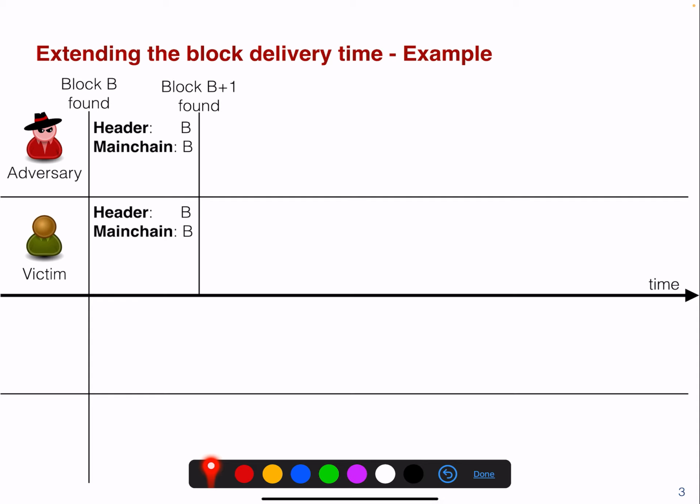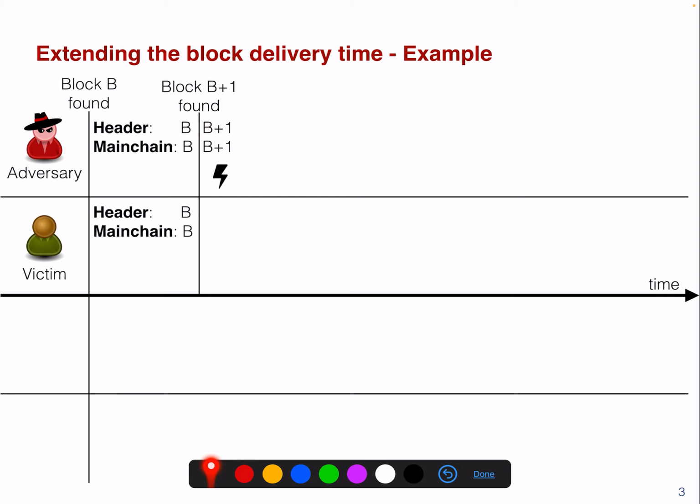Now let's assume a new block is found by another miner. What happens next is that the adversary will start to attack. We assume that the adversary learns about B+1, the header as well as the block content, and the victim doesn't, except that the adversary will advertise the header hash of B+1 to the victim.